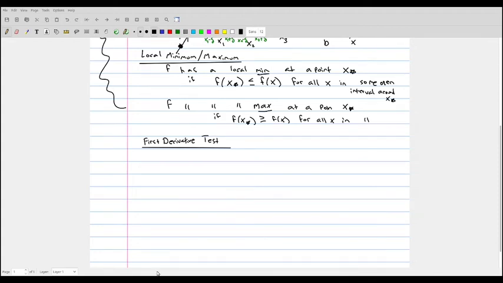So the first derivative test says the following. It says that we suppose f is differentiable on the interval, let's say from a to b, except possibly at a critical point.